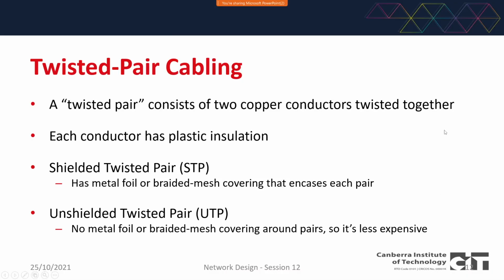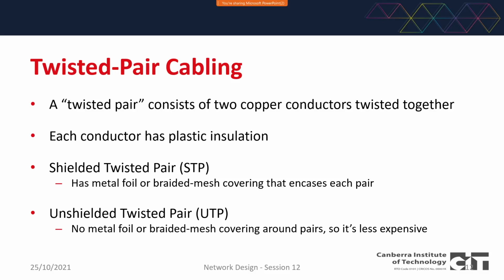All right. Now, in terms of twisted pair cabling, a twisted pair consists of two copper conductors twisted together. If you ever cut an Ethernet cable, you know there are a few wires inside and they are twisted in pairs. Have you ever thought about why they do that? Why do they twist one of the wires on top of the other?